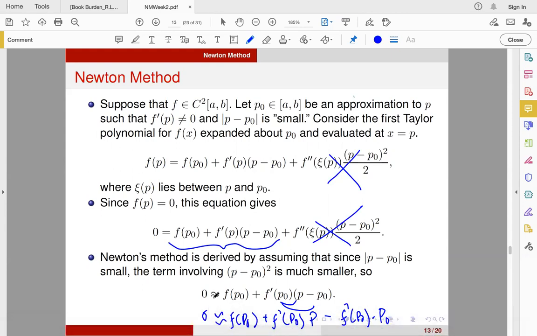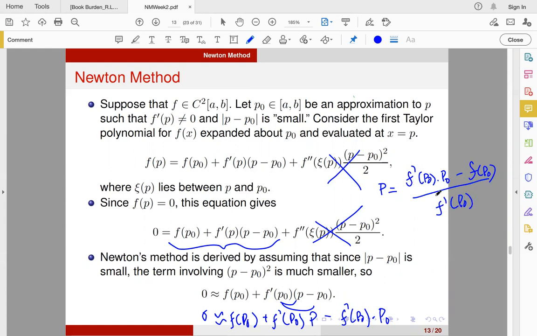This one becomes positive, this one becomes negative, and then we have p equal to f'(p0) times p0 minus f(p0), divided by f'(p0).